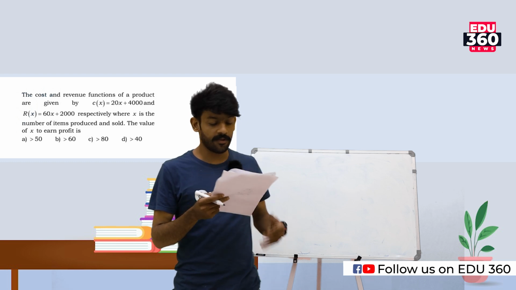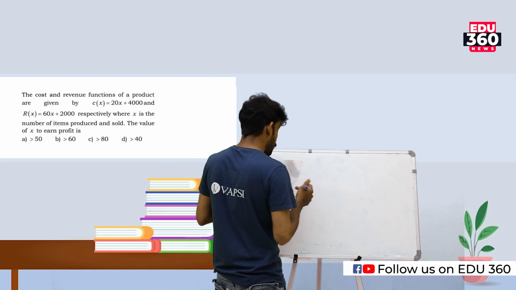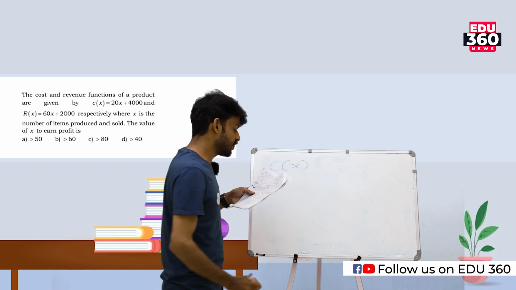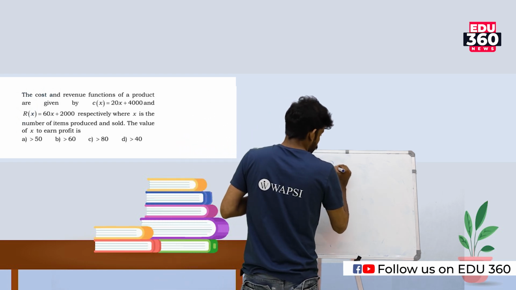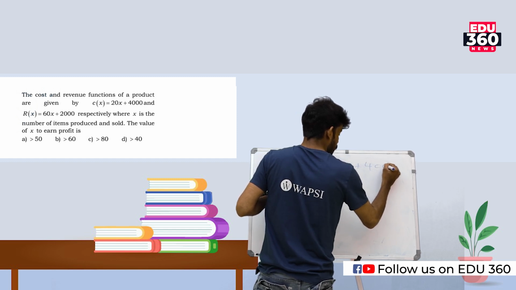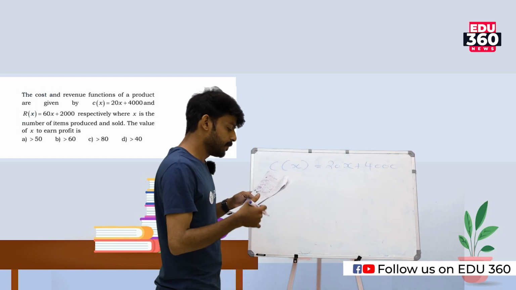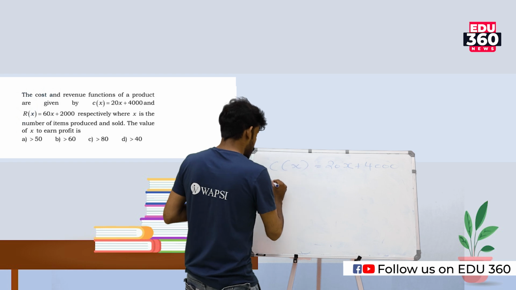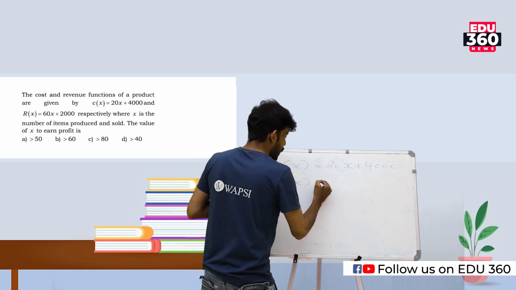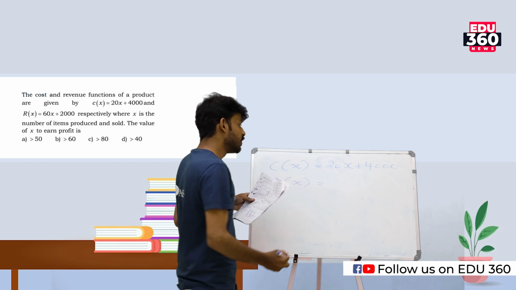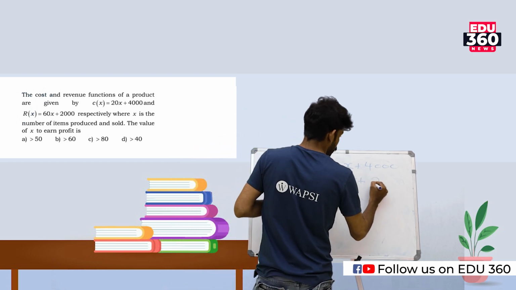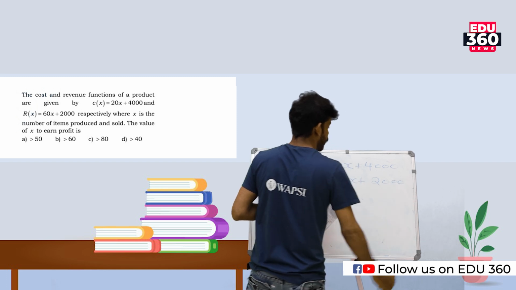So it's given the cost and revenue function of a product. The cost function C of x is equal to 20x plus 4000, and the revenue function R of x is equal to 60x plus 2000.